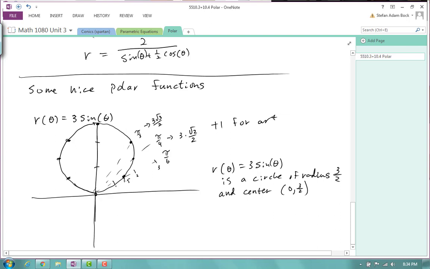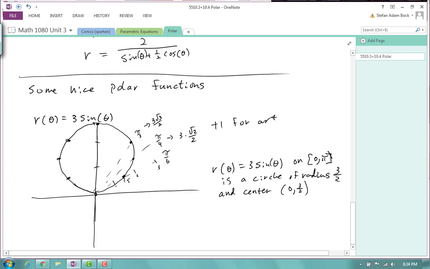If I had instead done a cosine instead of a sine, then my center would be on the x-axis instead of on the y-axis. And this is on the domain 0 to pi.